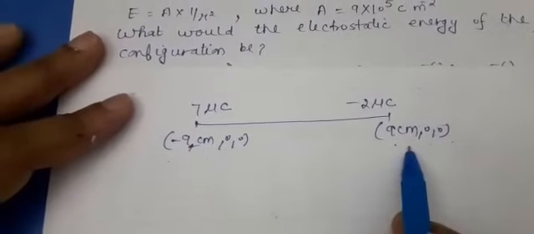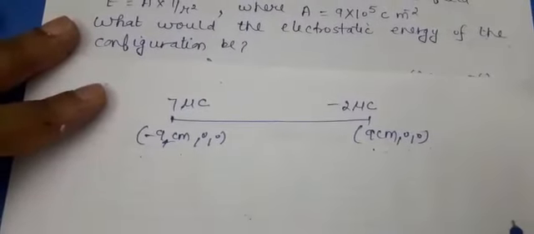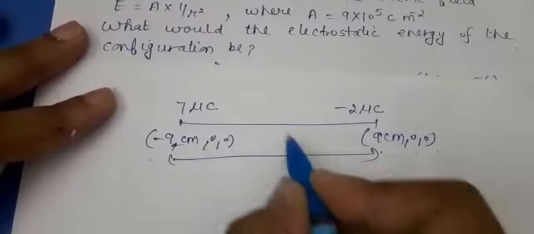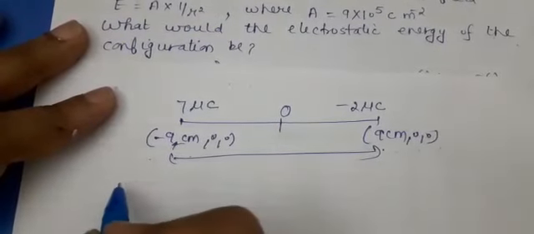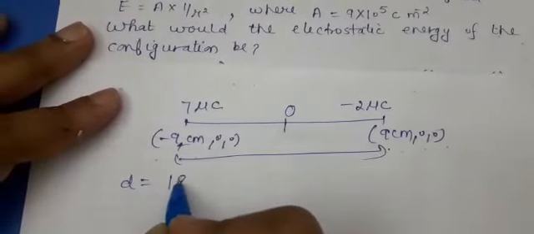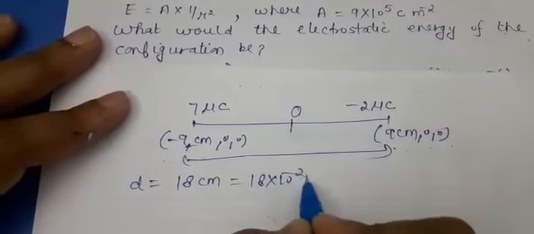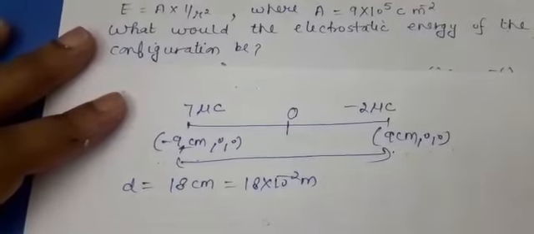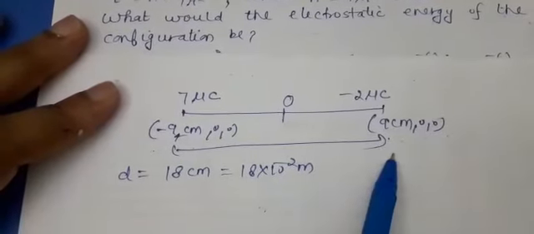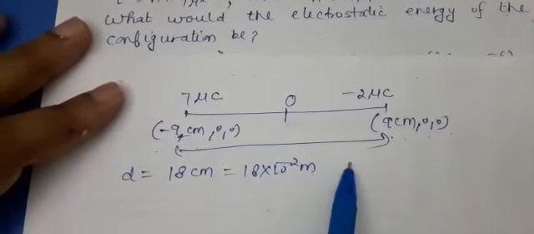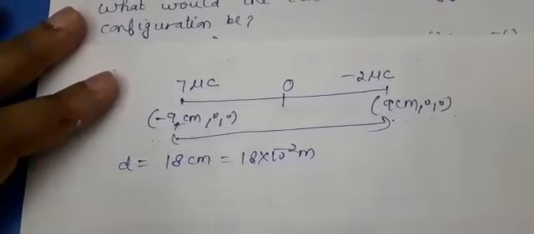One is along the positive x-axis, the other along the negative x-axis. So if this is the origin, the separation distance D will be 18 centimeter or 18 into 10 to the power -2 meter. Two charges are situated at these two opposite points, at equal distance from the origin. This is the meaning of the statement.